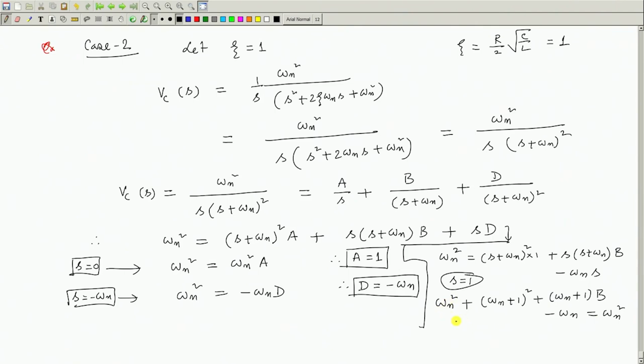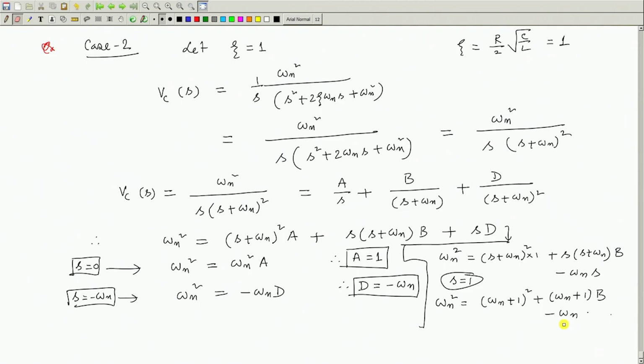I have already written omega n square on the right hand side, so it will be omega n square equal to this, and this need not be written. Is that clear? So, these are the three terms.